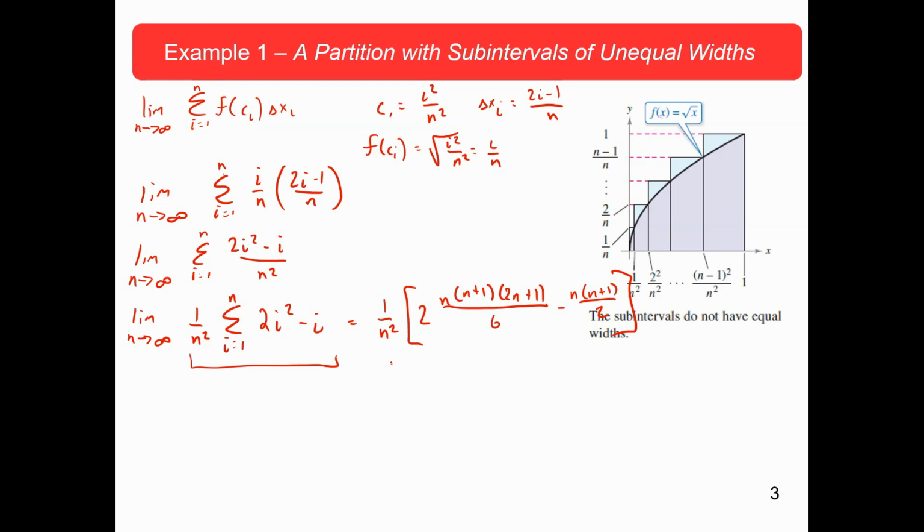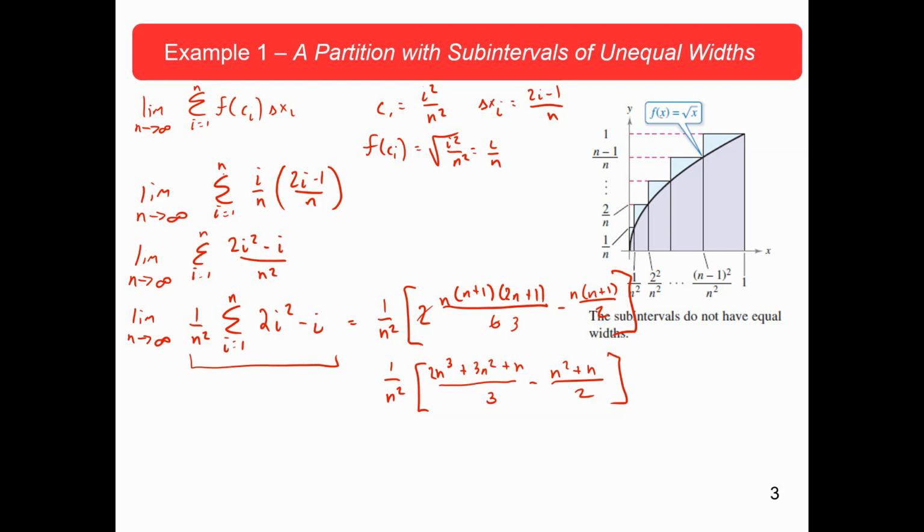So we got 1 over n squared times, that's going to give us over 3, so we're going to have 2n cubed plus 3n squared plus n over 3 minus n squared plus n over 2.